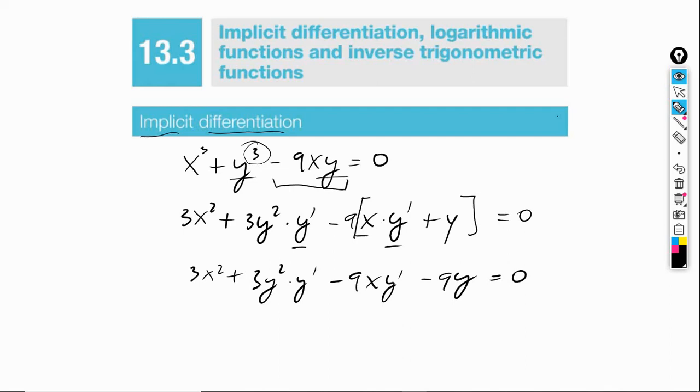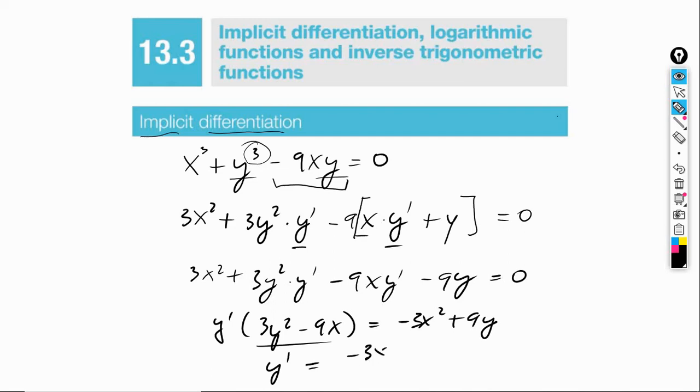So I'm going to be left with y prime times 3y squared minus 9x equal to minus 3x squared plus 9y. And then finally, we can send this to divide to the other side. So y prime is equal to minus 3x squared plus 9y, all of this divided by 3y squared minus 9x.